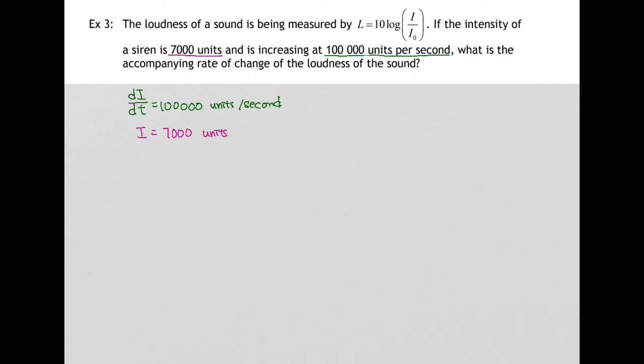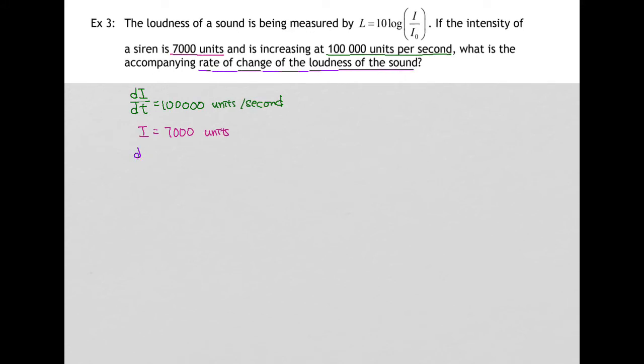And we are looking for the rate of change of the loudness of the sound, which means we are looking for the change in the loudness over the change in time, which is dL over dt.